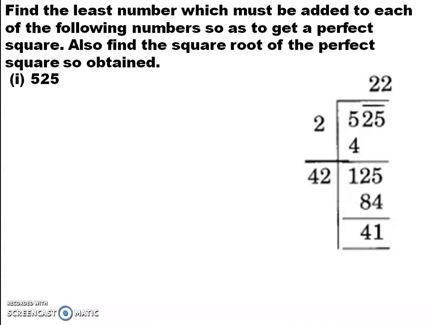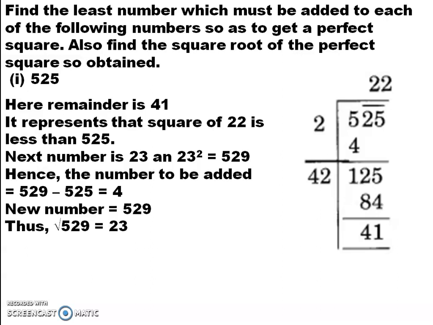Did you get 0 as the remainder? No, you will not get 0 as the remainder because 525 is not a perfect square number. What is the remainder you got here? 41 is the remainder. Now what will you do with this long division method?